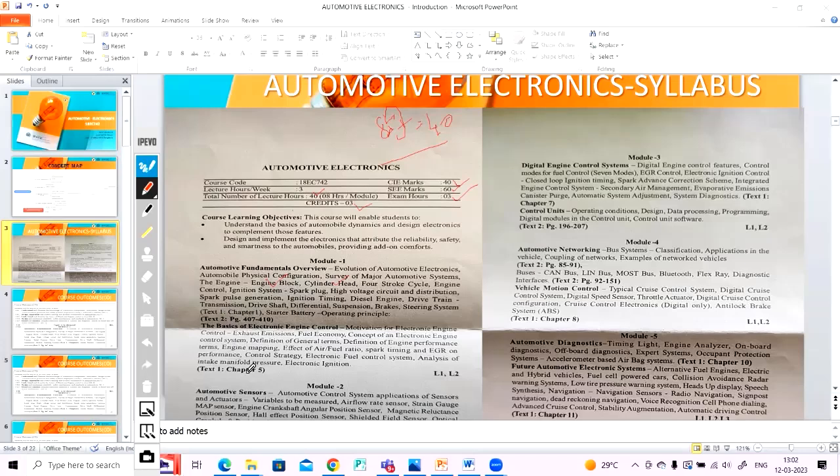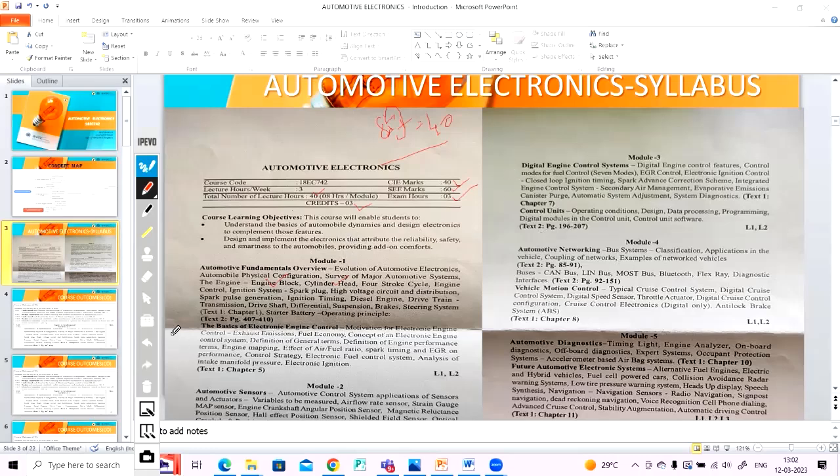But with Text 1, chapter 1, chapter 5, chapter 8, chapter 7, and chapter 11 relate to understanding automotive electronics from an engineering perspective by William B. Ribbens. It's available in the concerned libraries, so please follow the book concerned with the textbook framed by the video.